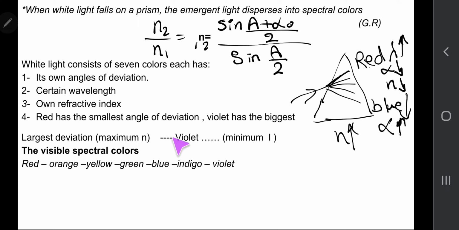Red عنده smallest angle of deviation والviolet or الblue has the biggest angle of deviation. largest deviation بيحصل في البلو أو الفايلوت، وهو عشان كده بيبقى minimum wavelength، largest refractive index.